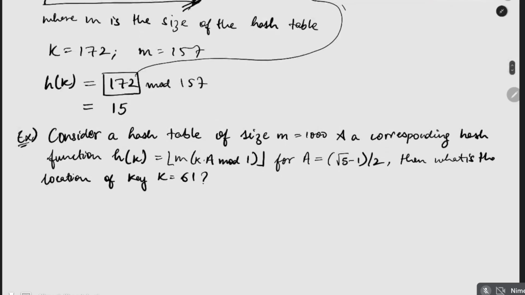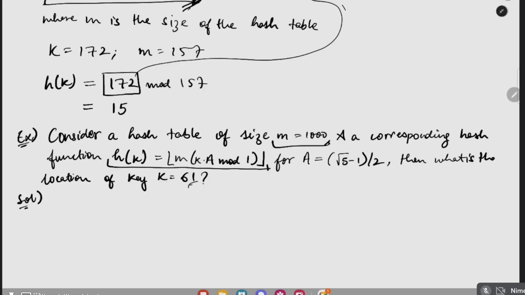So in a hash table of size 1000 and a given hash function, what is the location of the given key? We just need to basically evaluate the hash function, right?